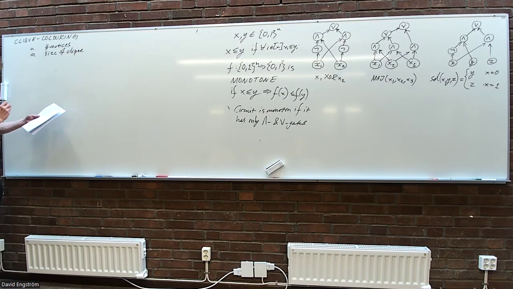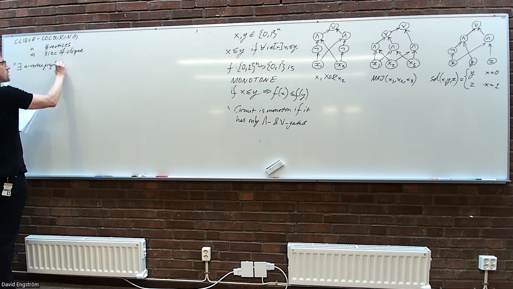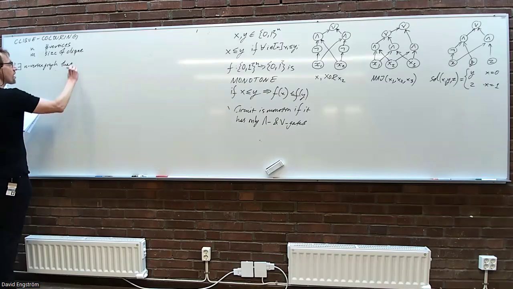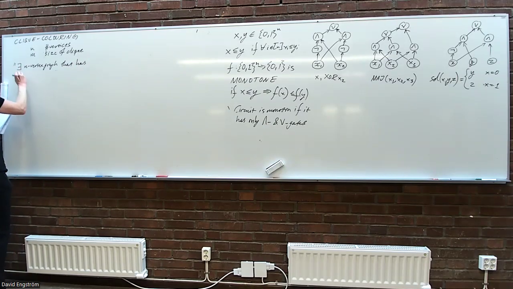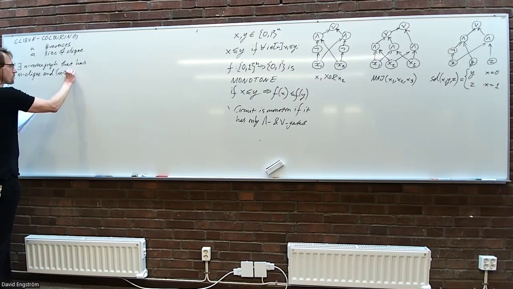What the clique-colouring formula says is basically that there exists an n-vertex graph which has two wonderful properties. Namely, this graph has an m-clique, and simultaneously, it is (m minus 1)-colorable.